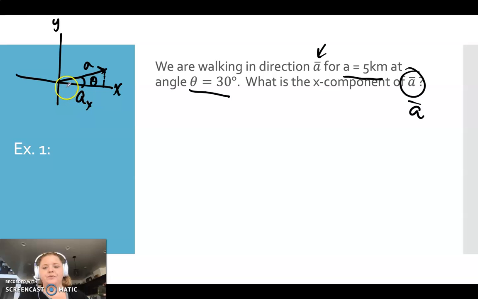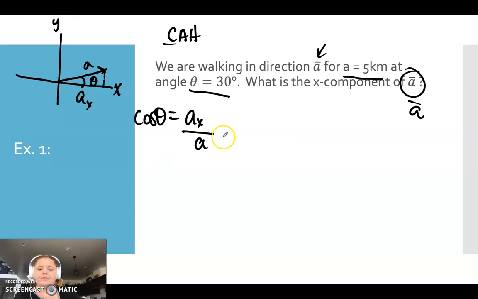Okay, so we want to know the adjacent value, a sub x, okay, and we know our hypotenuse, so adjacent and hypotenuse, that gives us CAH. So we're going to say cosine theta is equal to adjacent over hypotenuse, okay?